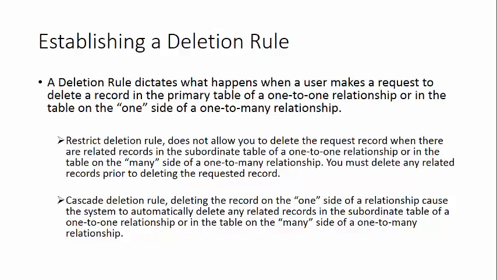It does not allow you to delete the requested record when there are related records in the subordinate table of a one-to-one relationship, or in the table on the many side of the one-to-many relationship.